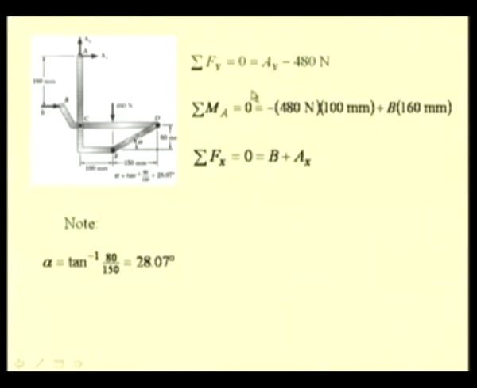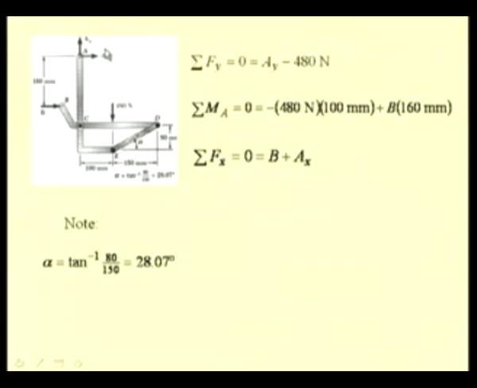So, the moment of this force is minus 480 into 100 mm, and the moment of this force B, the reaction because of the roller at B, is B times 160 mm, which is the moment arm, and this is a counterclockwise moment about A. So, thereby it is a positive moment. So, from this equation we can determine B.